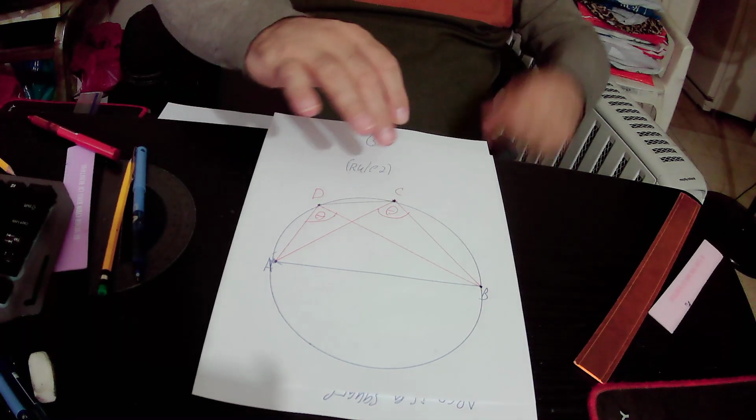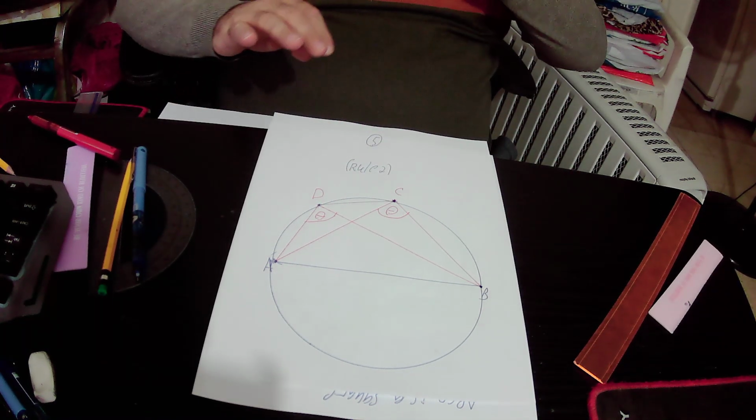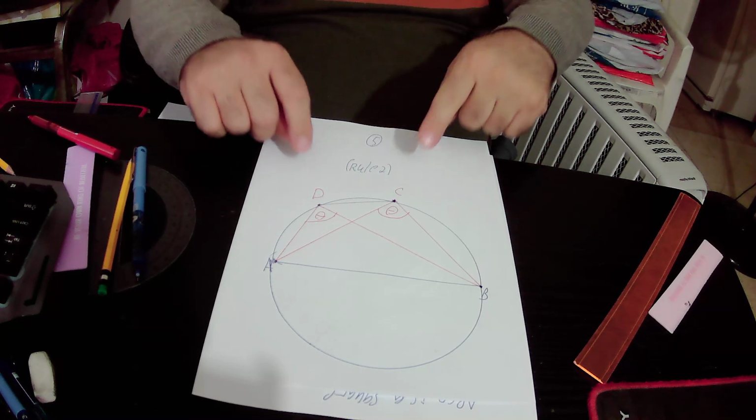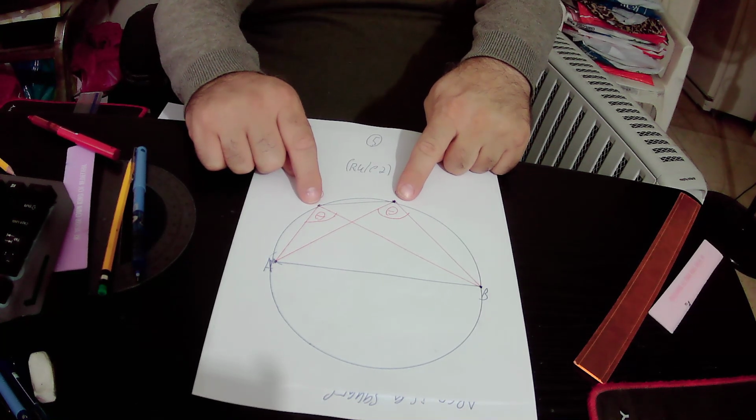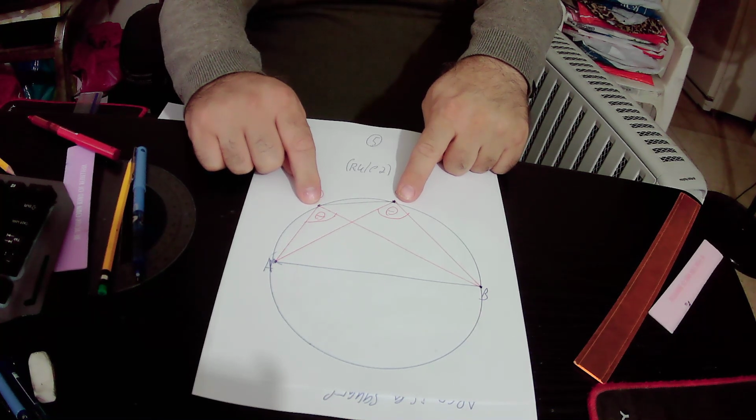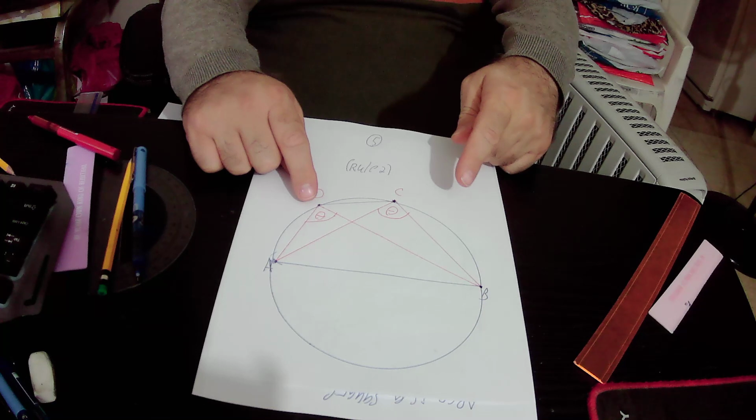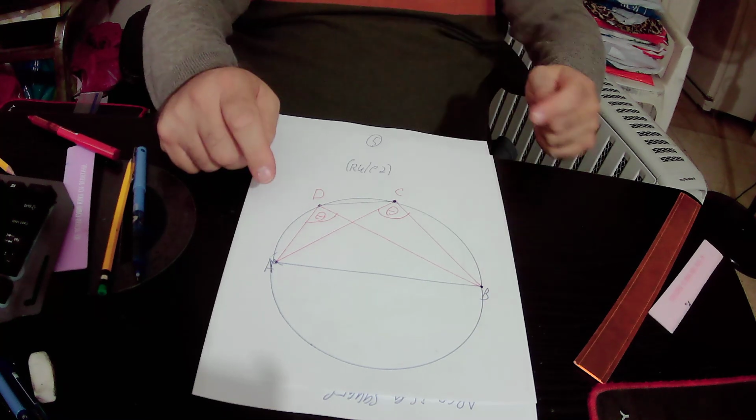we have only line segment AB, without this circle. And we have two equal angles. Those two angles are both equal to theta. They are equal to each other, and they rest on the same line segment AB.